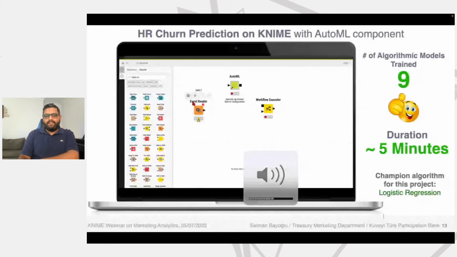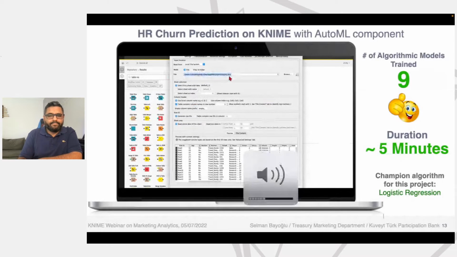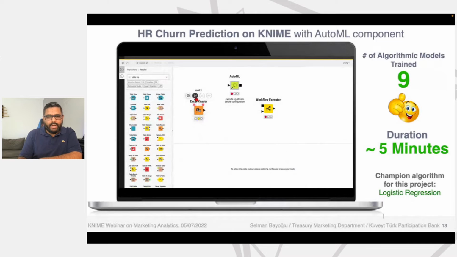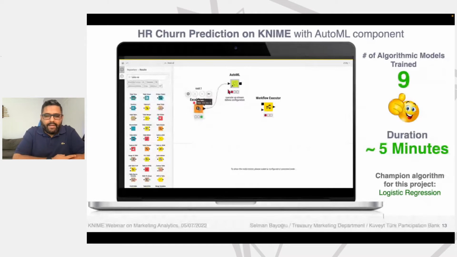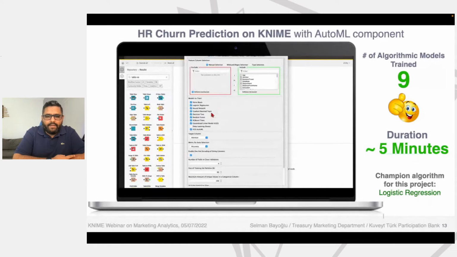Okay, I'm having the document into Knime. Okay, now it is downloaded into Knime. Okay, just in seconds. And then I connect it to the AutoML component of Knime. And here are my variables, okay? And I want to estimate attrition, okay?